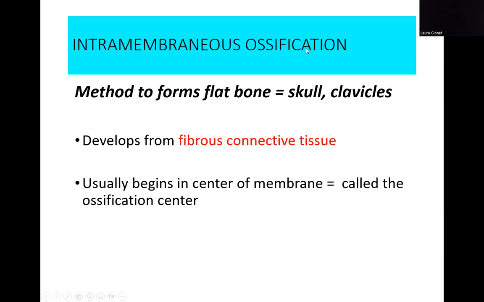All right, so intramembranous ossification is the method in which we form flat bones, like a lot of the bones of the skull, your clavicles, your scapulas. Right? Now, they develop differently. So flat bones develop from fibrous connective tissue. Fibrous connective tissue usually begins in the center of the membrane called the ossification center.